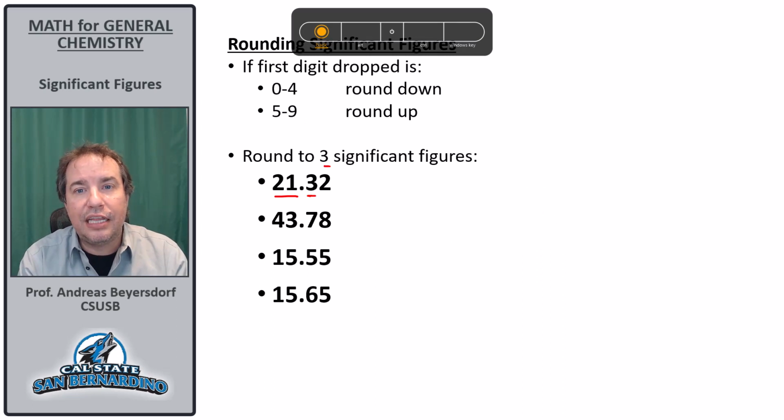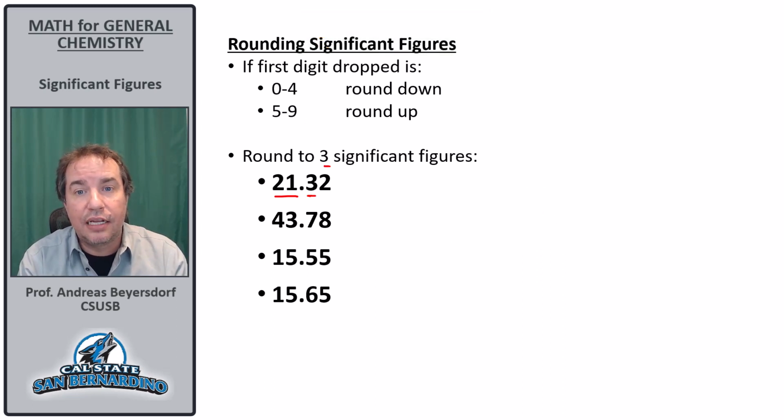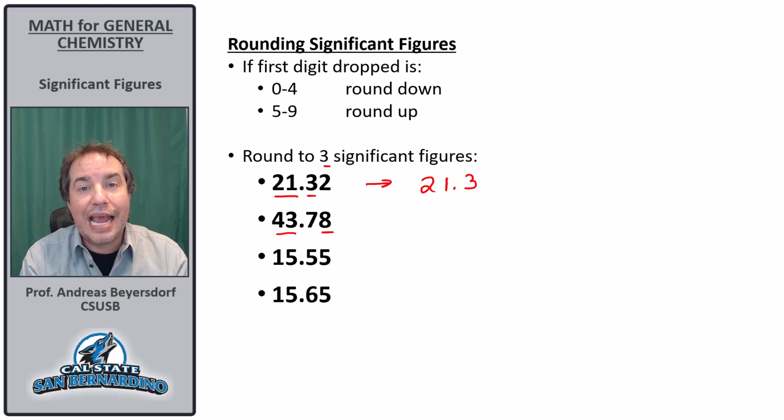I see 43.78. This 8 is above 5, so I'm going to round up. So this becomes 43.8. Here, 15.55, I round up to 15.6. And 15.65, I round to 15.7.